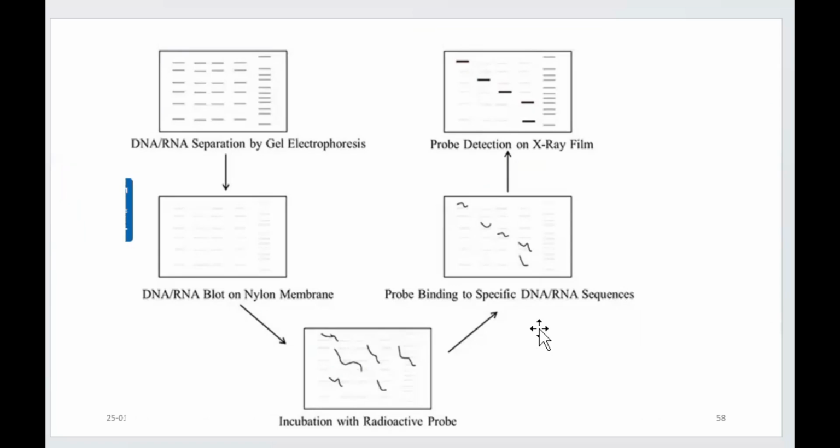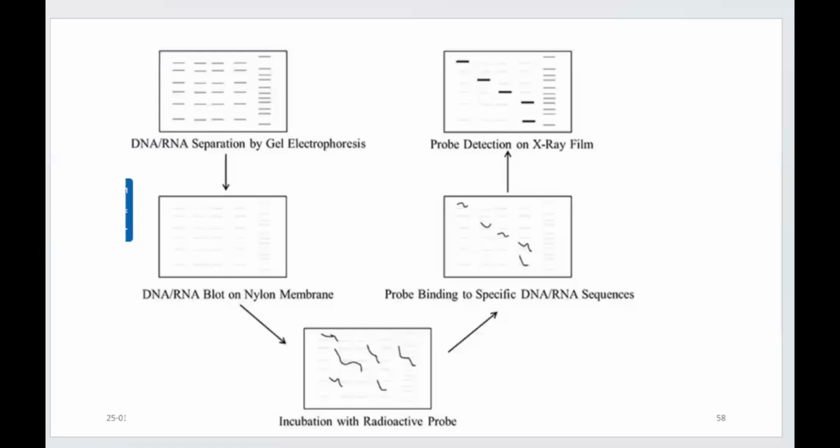Depending upon whether it is autoradiography or a fluorescence technique, visualization will be done accordingly. So when you talk about application of electrophoresis, you can very well write southern, northern and western blotting as a method where electrophoresis is of importance.